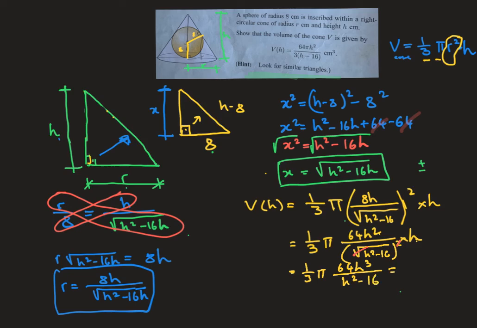So we still don't have what we need. But what we're going to do, 1/3 pi, 64h to the power of 3. And then what we can do in the denominator is factorize, taking h outside the brackets. So it's h. Wow, I left one h before, so I have to go back.